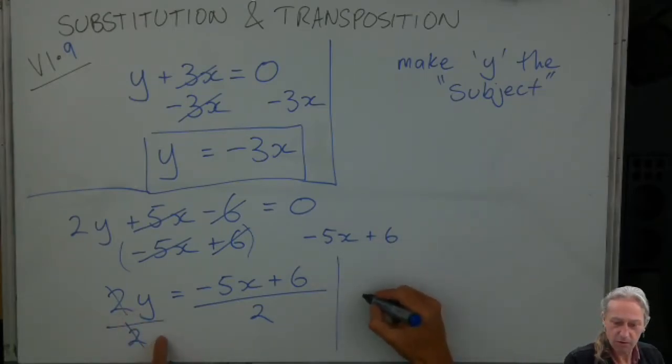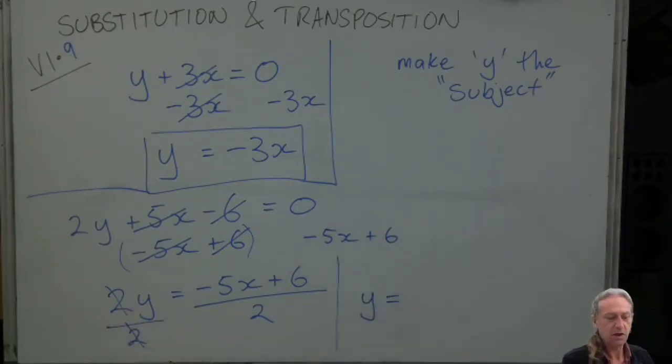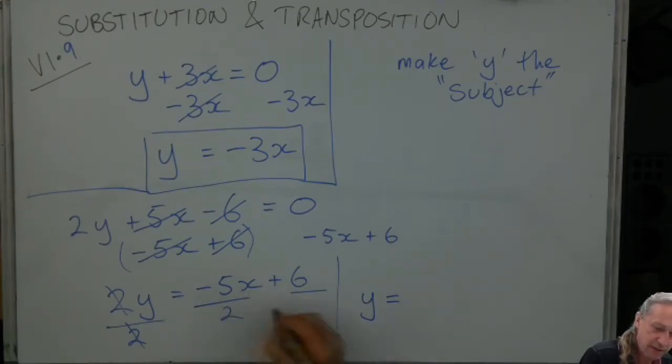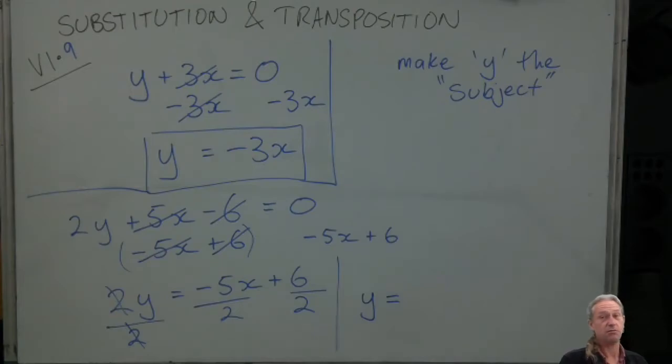So we've got y equals. We can split this too, so we're dividing both things: divide that by 2, and divide that by 2. That's the same thing. When we're adding fractions, if they've got the same denominator, we can combine the denominator and add the things on the top, so I've just gone backwards there.